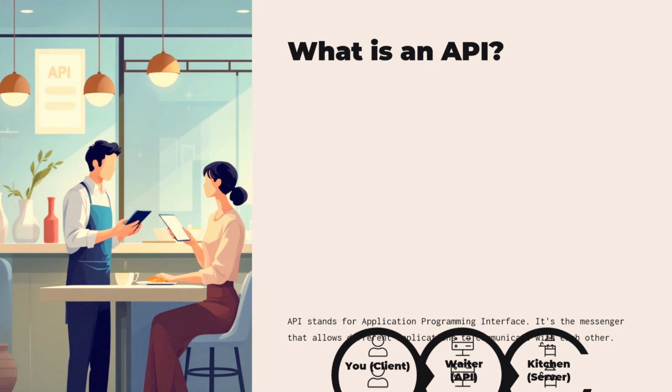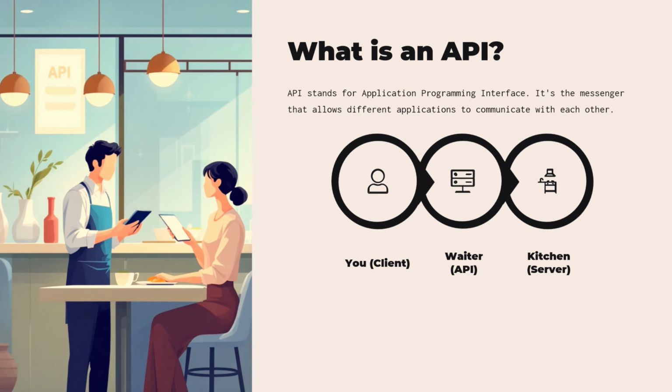Next is API. Now imagine you open a weather app. How does it know the weather? Magic? No, absolutely not. It's the API. API stands for Application Programming Interface, but forget the long name. We'll just call it API. Think of it like a waiter in a restaurant.